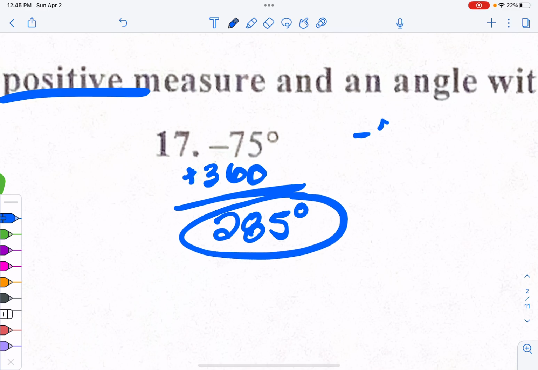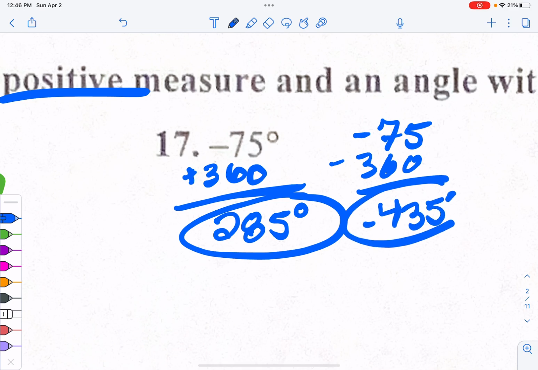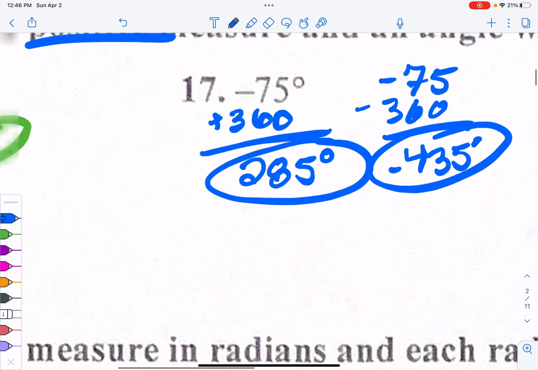Then if I take negative 75 and subtract 360, going around the other direction, that will be negative 435 degrees, a negative angle. Those will work again if you want to do more than one cycle around, adding 360 or subtracting 360. We're just trying to find the stopping place. When it says coterminal, that means same stopping place, okay?